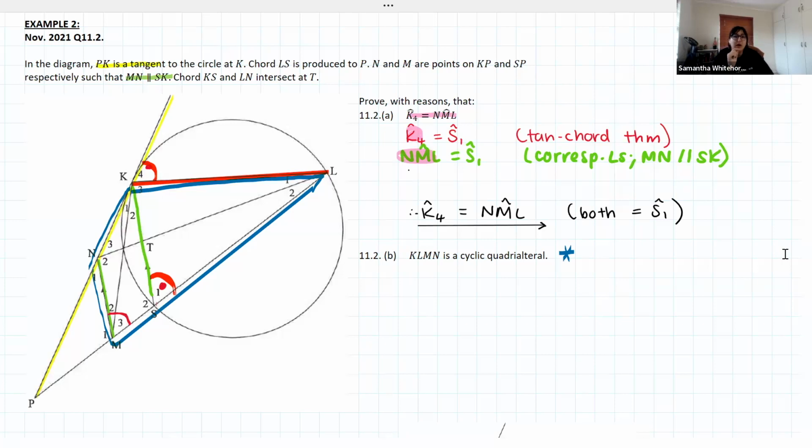Now remember I said I've left the red angles on there to show us what we already know are equal. So I want you to take a look. I want you to think about, do we already know two angles that are equal to each other that allow me to state that KLMN is a cyclic quad? So take a second, have a look.